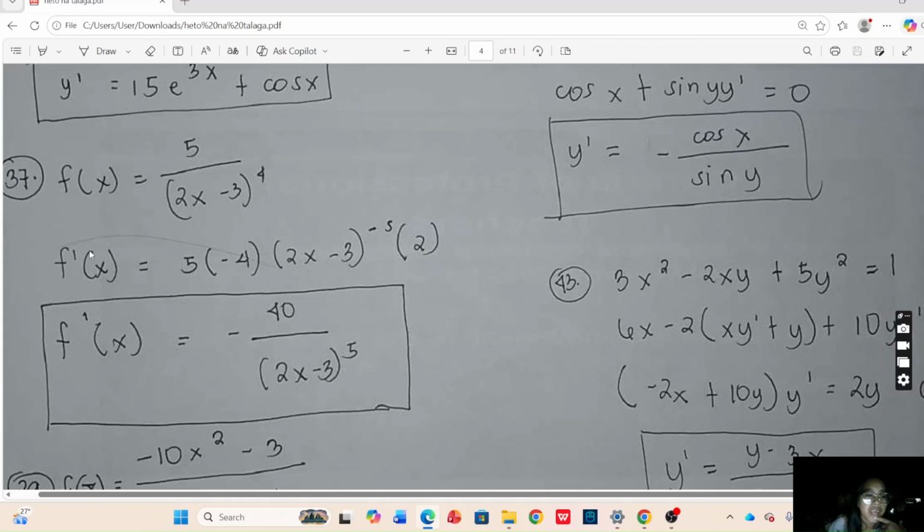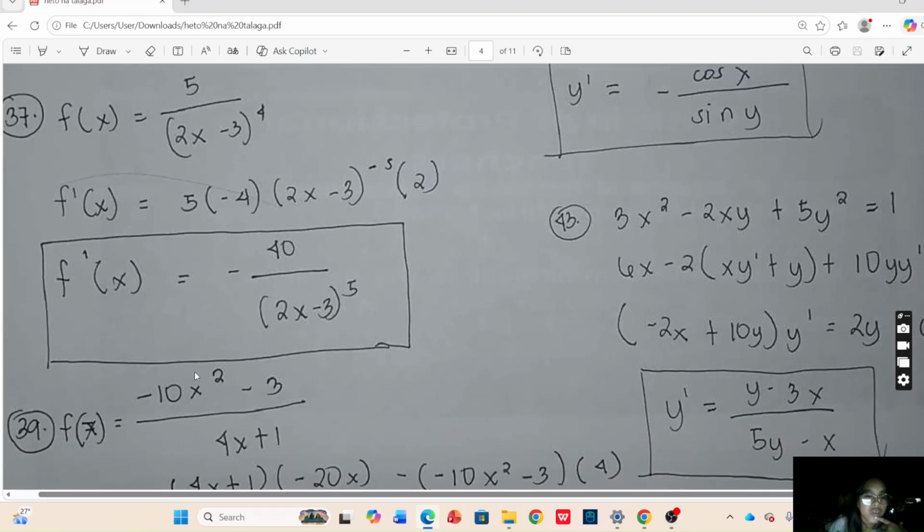So we have f prime of x is equal to 5 multiplied by negative 4 multiplied by the inner function 2x minus 3 raised to negative 5 multiplied by 2. So we will obtain the answer negative 40. The final differentiation, that would be negative 40 divided by the quantity of 2x minus 3 raised to the fifth power.